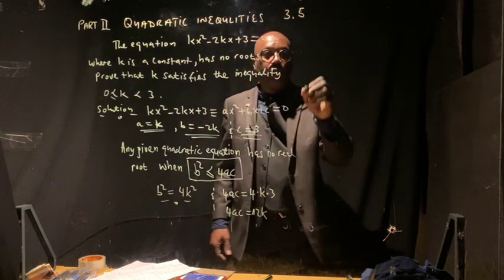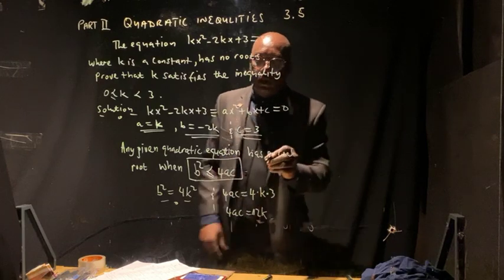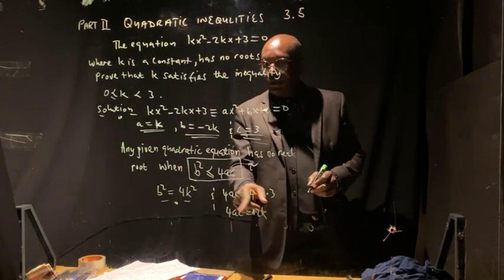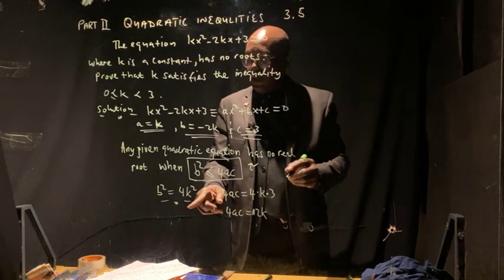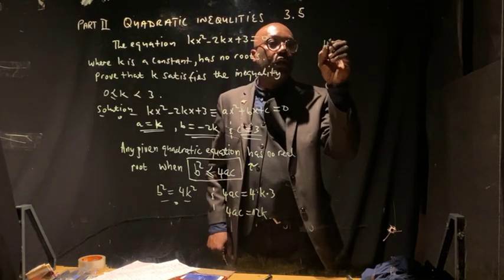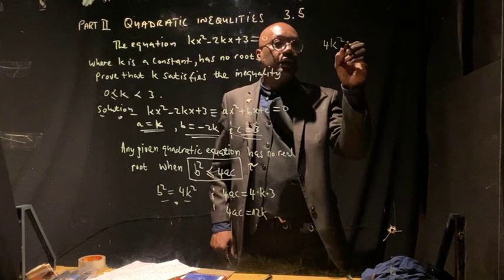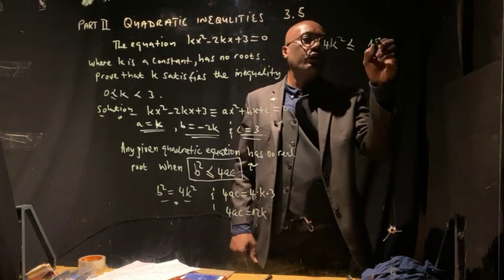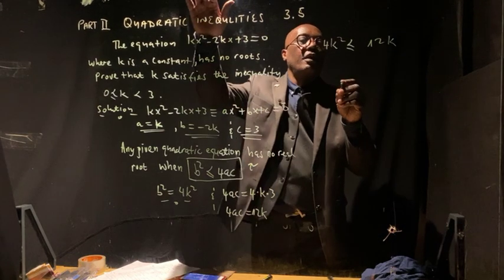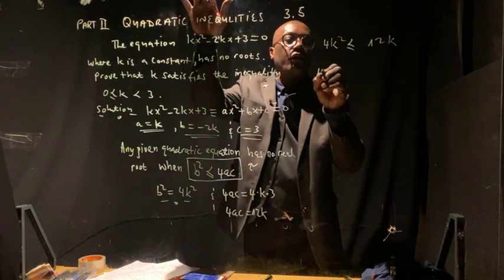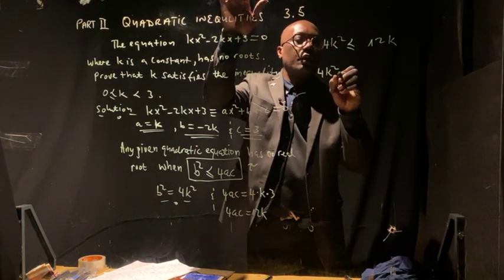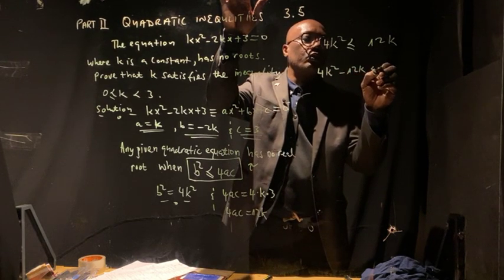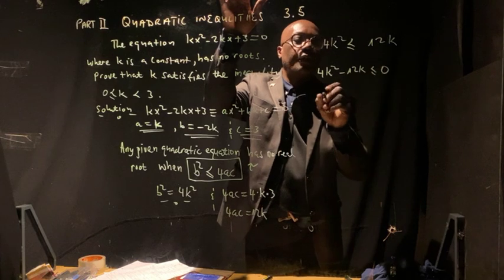Let's continue. I'll call this one equation tau. Putting these values inside equation tau, we will have 4k squared is less than or equal to 12k, in which case we have 4k squared minus 12k is less than or equal to 0.